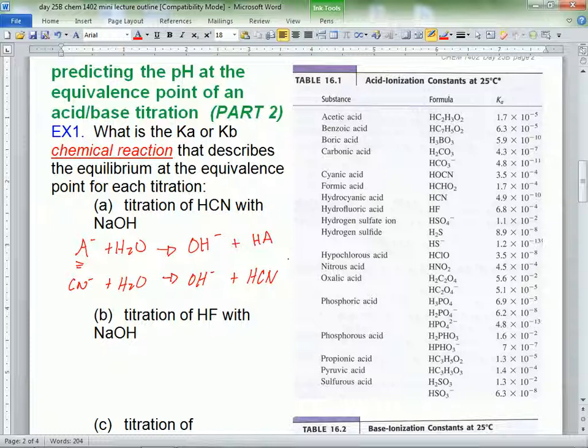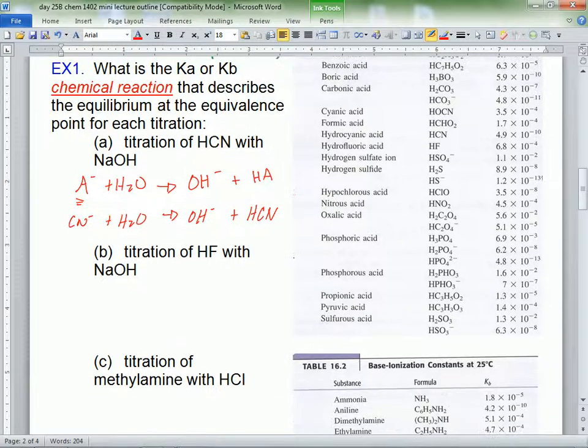How about if we titrate HF with NaOH, Sabina? What would be the reaction that would control the pH? Remember, the one thing that helps me with this stuff, I don't know if it helps you, is if I am starting out with the conjugate acid, it has to react with a base, but I end up with the conjugate base.